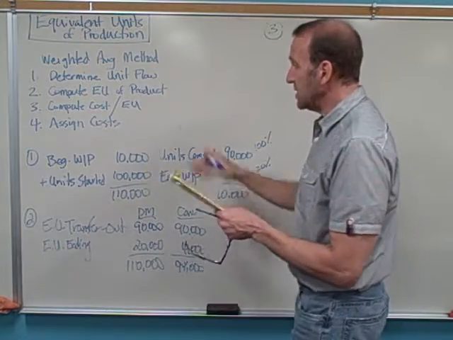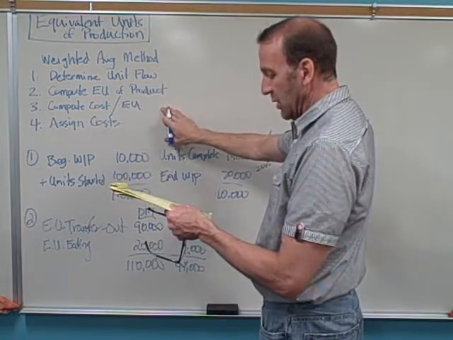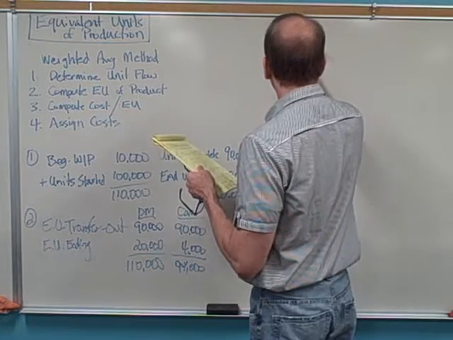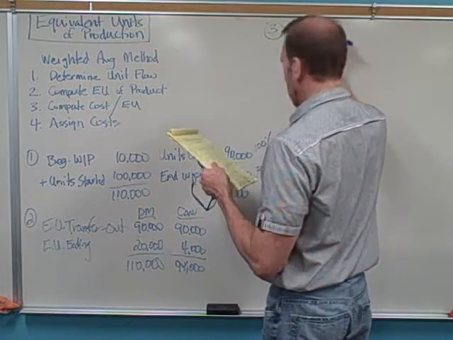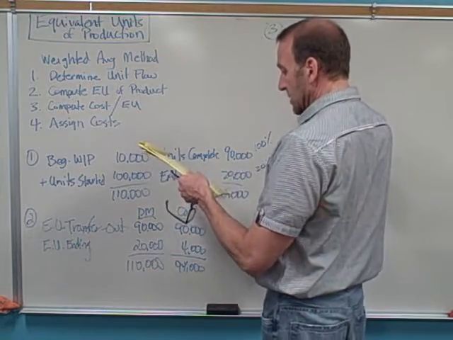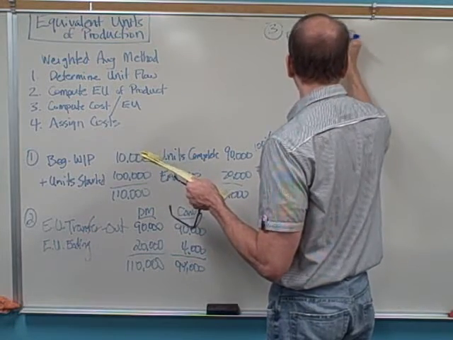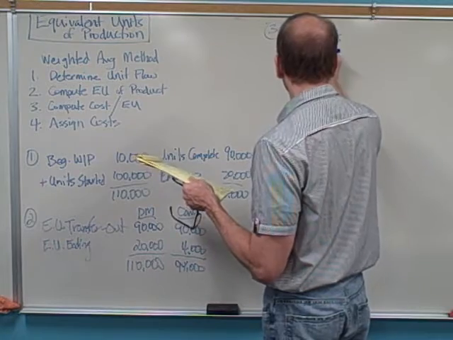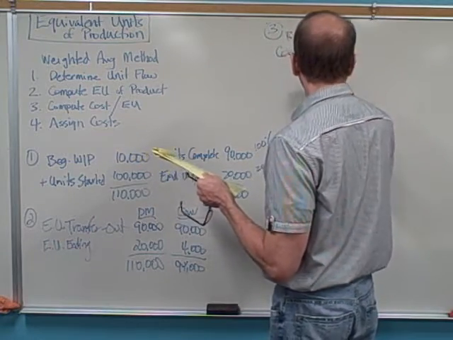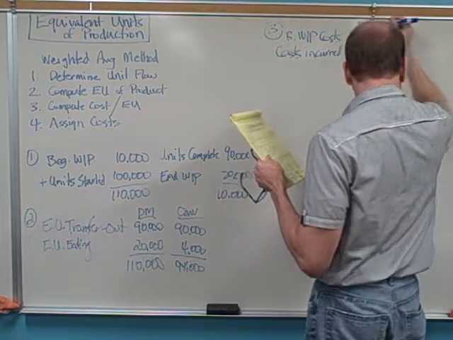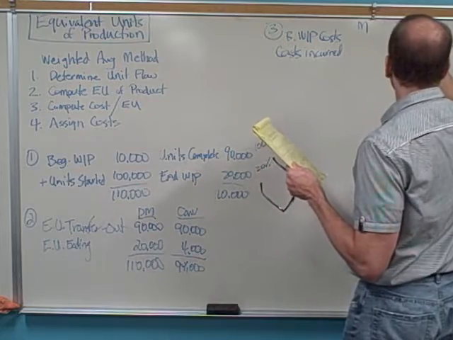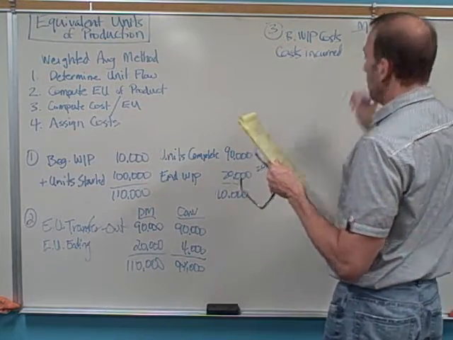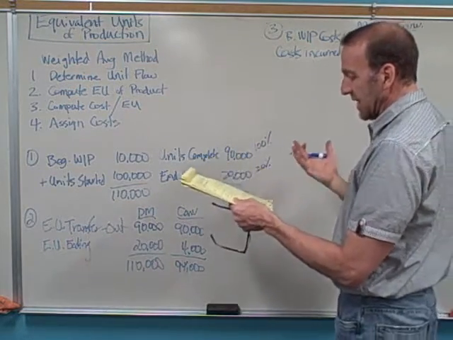Step 3 then is to compute the cost per equivalent unit, okay? So we're going to start with beginning work in process costs and costs incurred during the period. So with respect to materials and with respect to conversion costs, beginning work in process, now these numbers have to be given to you.